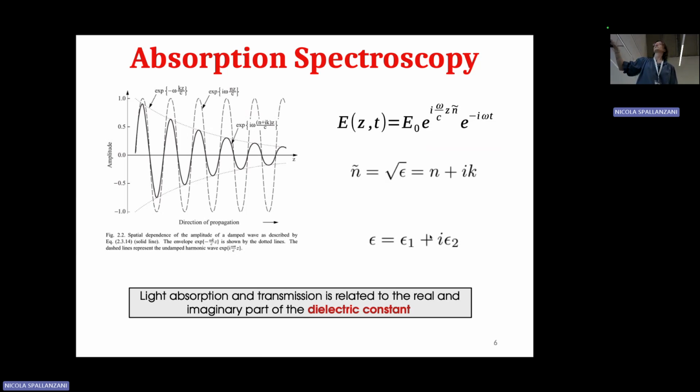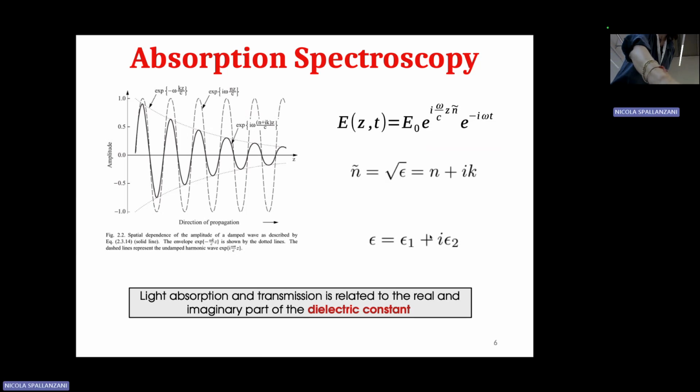The refractive index is related to the dielectric constant, which is also a complex quantity. And so the light absorption and transmission is related to this quantity.